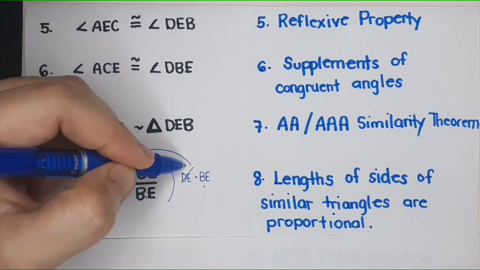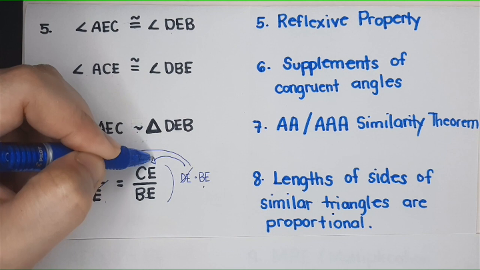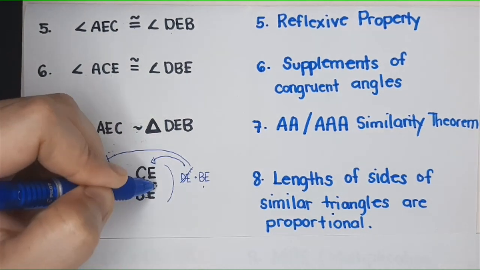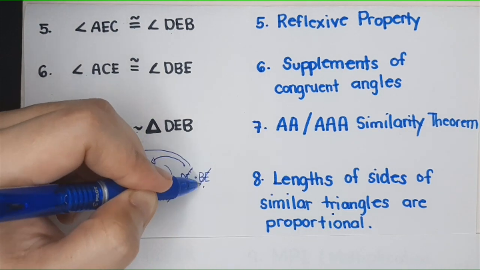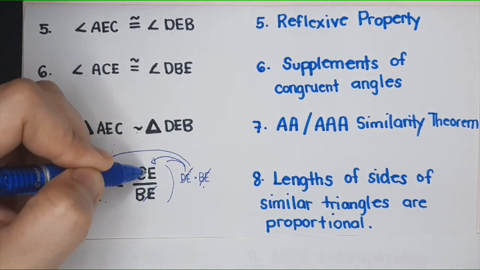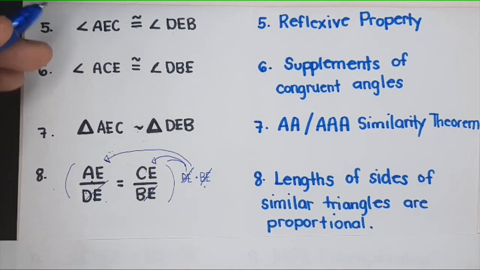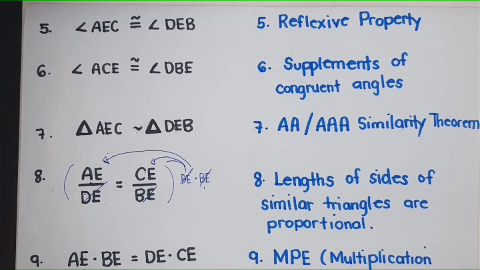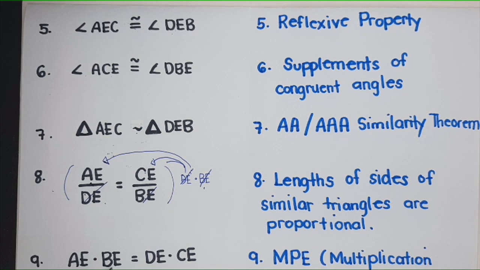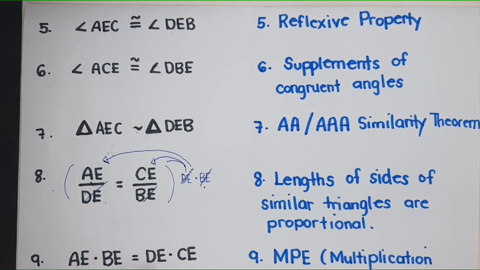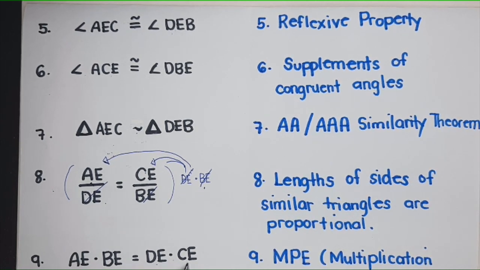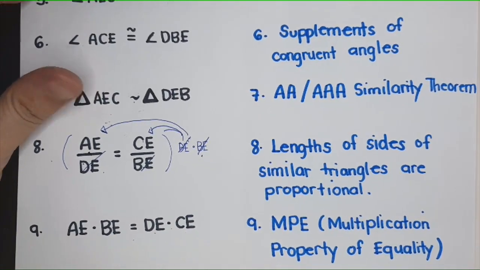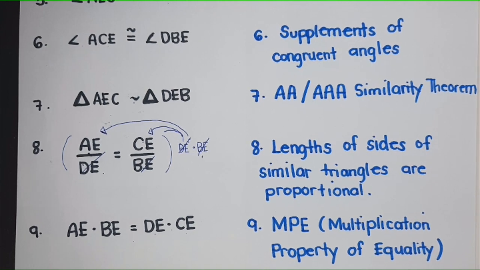And then, kapag dito ko naman siya dinistribute, magka-cancel yung BE. And then na matitira, CE times DE. So, AE times BE is equal to DE times CE by multiplication property of equality. And then we're done.